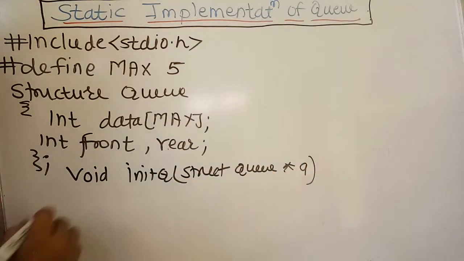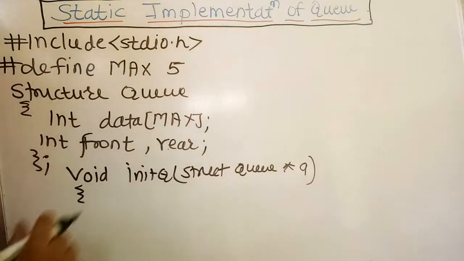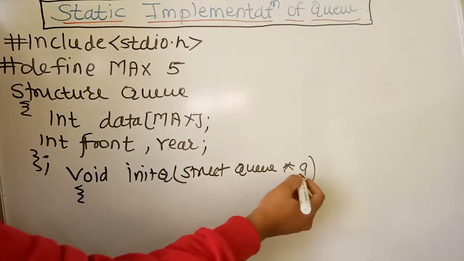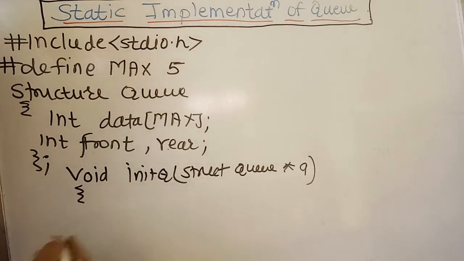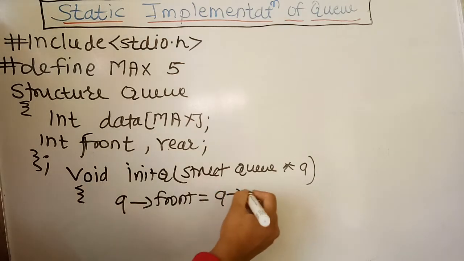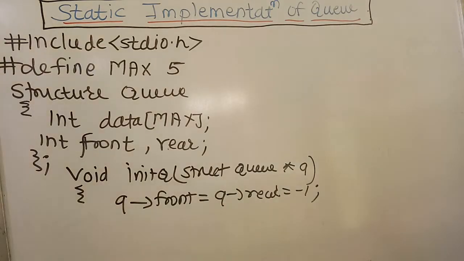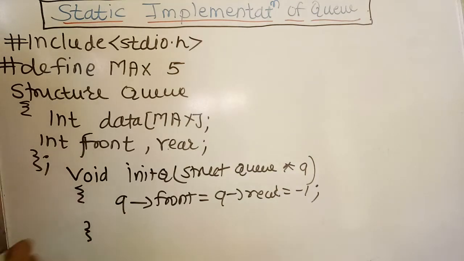Then we all know that to access the members of a structure, we will create a variable of type structure and then use all the data members with the help of this variable. So we have created here the struct queue type variable q, and we will initialize it like q front equals q rear equals -1, means both are at the -1 position. And now we will complete the initialization function.